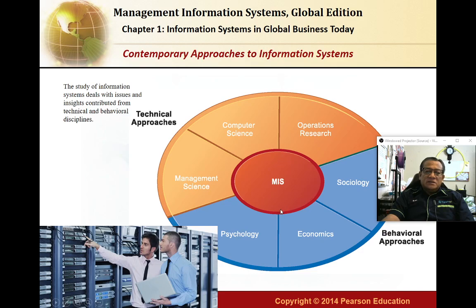In order to perform successfully, it needs both the technical approach, which is the orange segment, and also the behavioral approach in the form of this blue segment. For MIS to be successful, for example in the form of an IT system or ERP, enterprise resource planning system, you need all these components, technical and behavioral, to make it work.